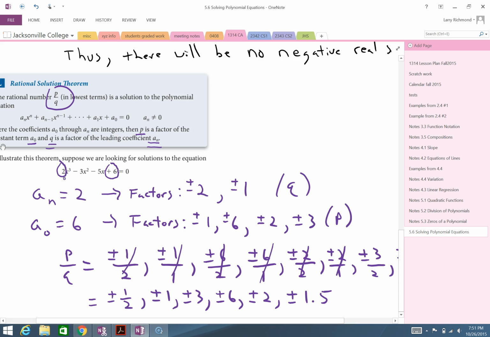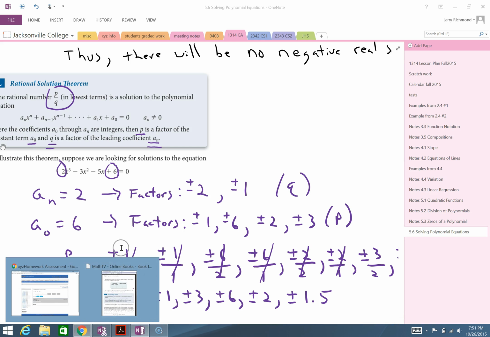All right, so I'm taking the equation 2x cubed minus 3x squared minus 5x plus 6. Going to the calculator.